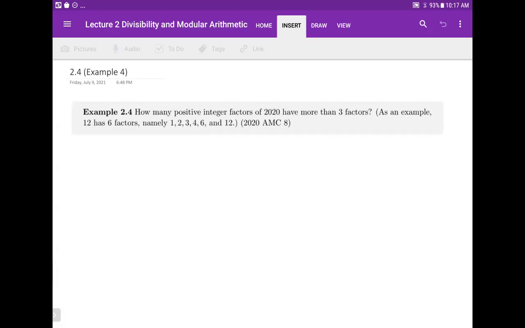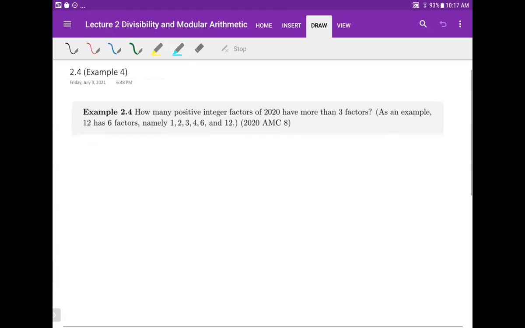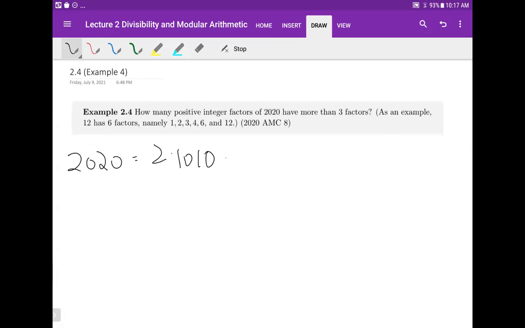So 2020 is equal to 2 times 1010, which equals 2 squared times 505, which equals 2 squared times 5 times 101, and 101 is prime. All right. So let's see how many factors there are.